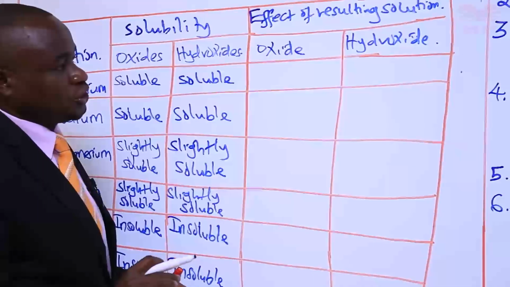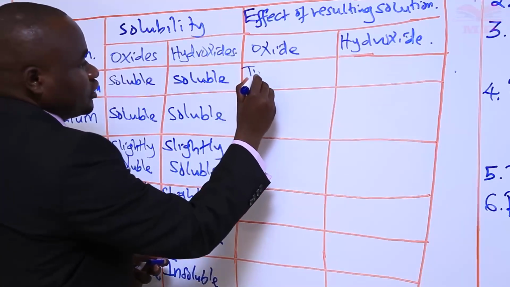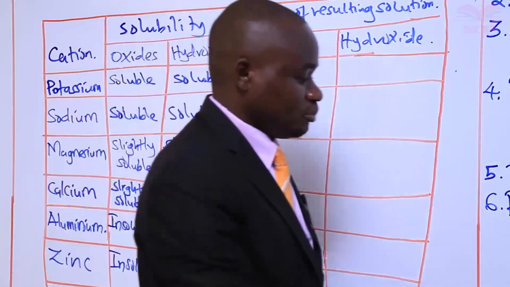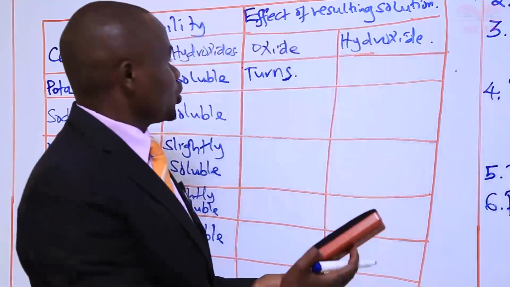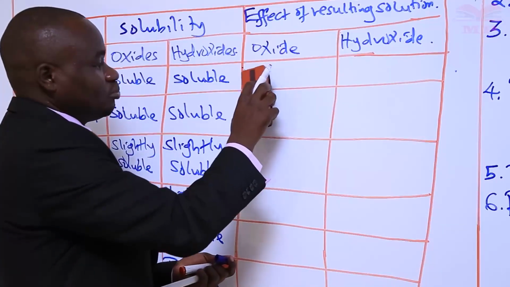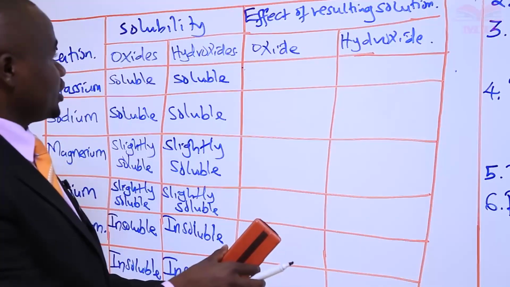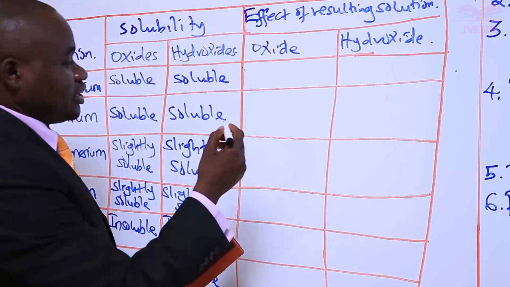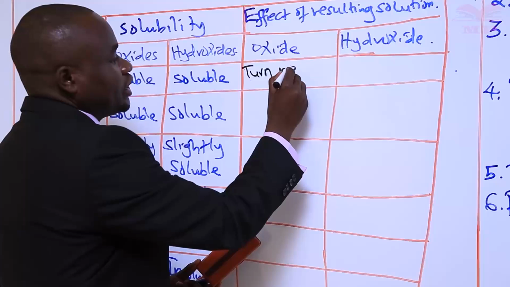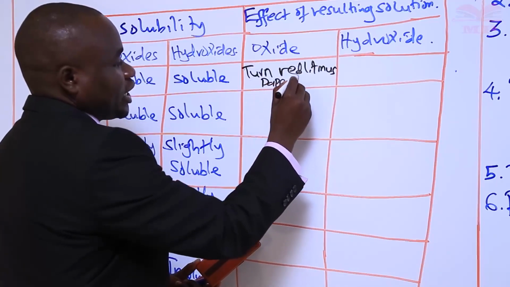So that's what we put in our table here, that the resulting solution turns red litmus paper to blue. So that's why we are saying that the solution is going to be a basic solution. So the oxide of potassium, when dissolved in water, the resulting solution will turn red litmus paper to blue.